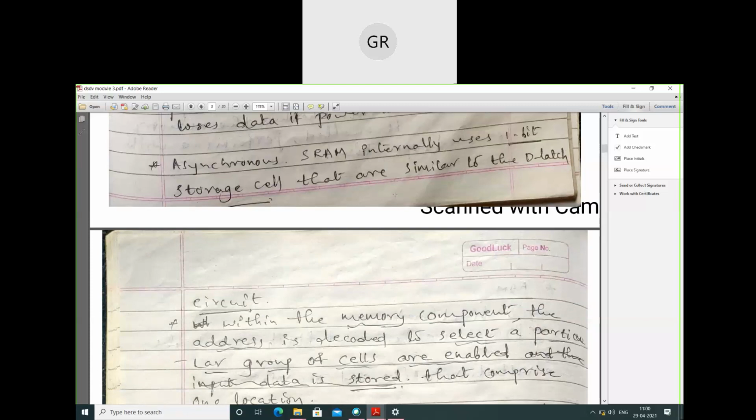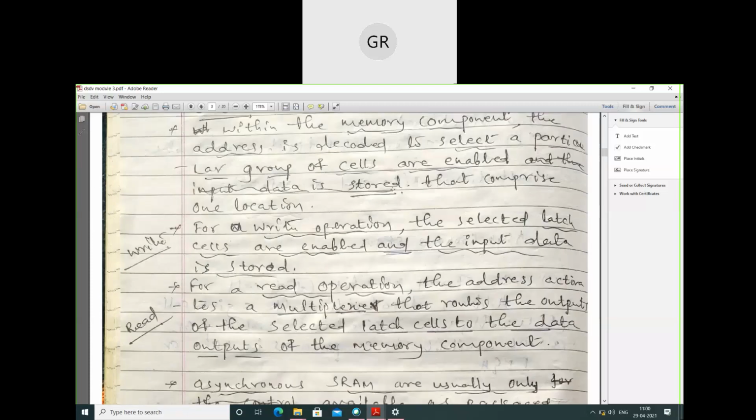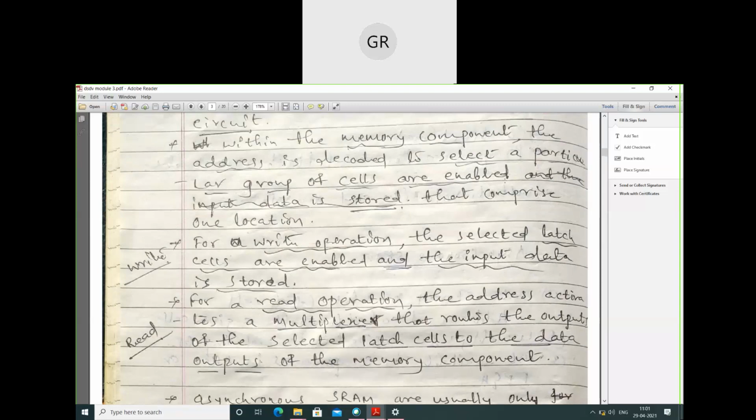Then within the memory component, the address is decoded to select a particular group of cells or enables that comprise one location.